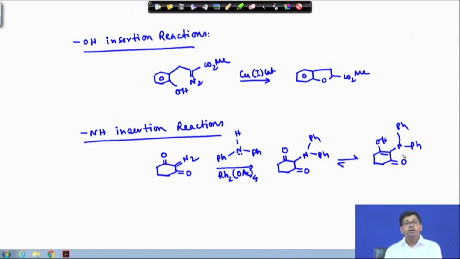So, what we have learned so far is that different types of insertion reactions are possible with carbene species. As the carbene species is electron deficient and highly reactive, it can be inserted into various types of bonds. For example, it can be inserted into carbon-hydrogen bonds, or it can react with other nucleophiles also.